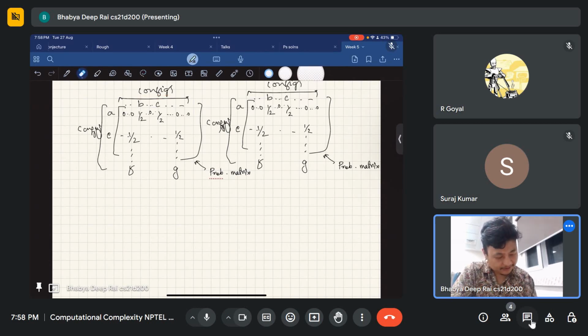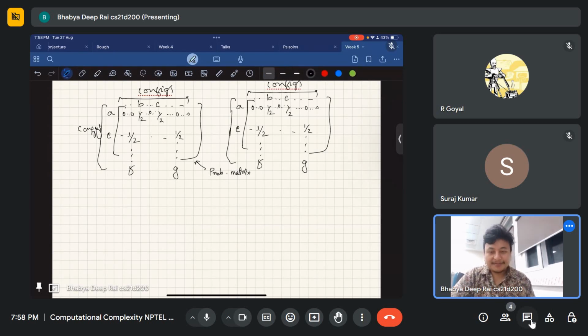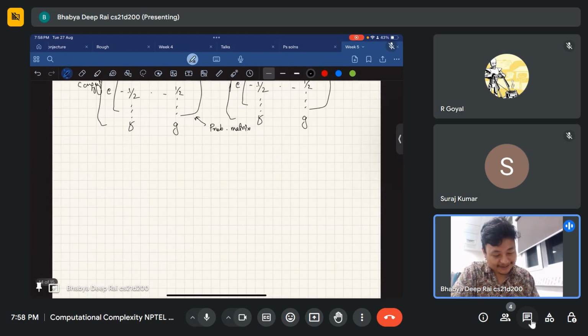So I do this. Now let's say my configuration graph looks like this.